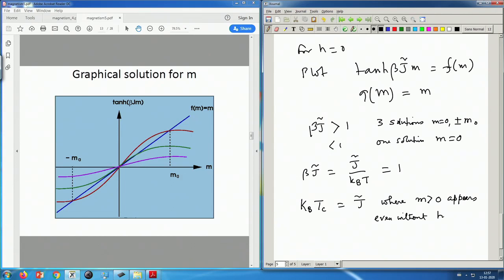That means this is called a spontaneous magnetization. This was not the case with paramagnets. Remember, with paramagnets you require an H to produce a magnetization.